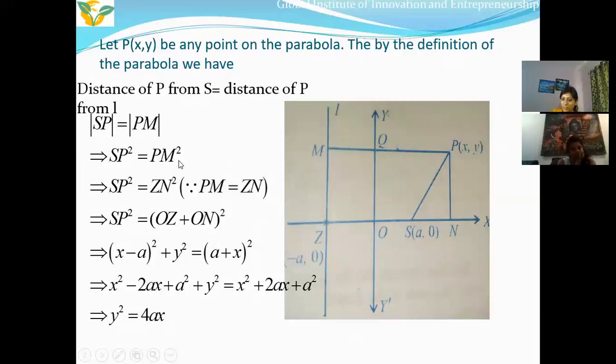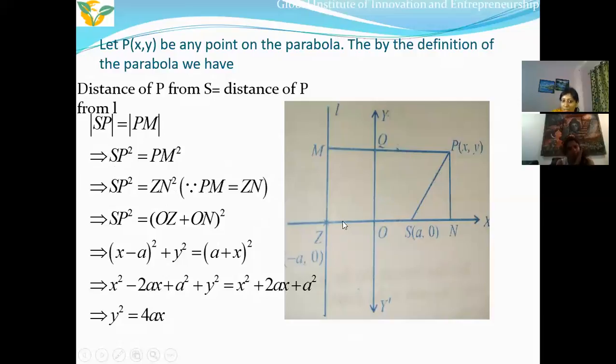Squaring on both the sides, just to avoid the square root, as I told you earlier. So SP square is equal to PM square. That is, SP square is equal to Zn square. Why have I taken Zn square?